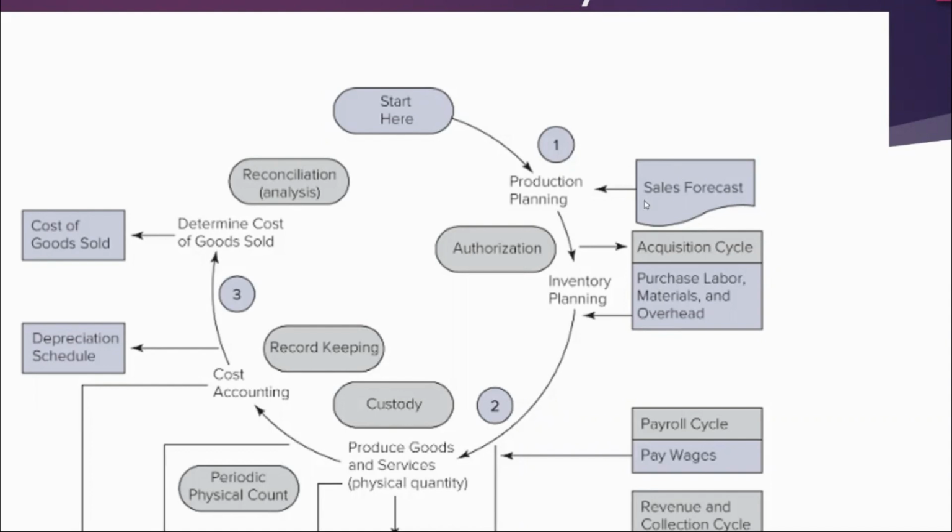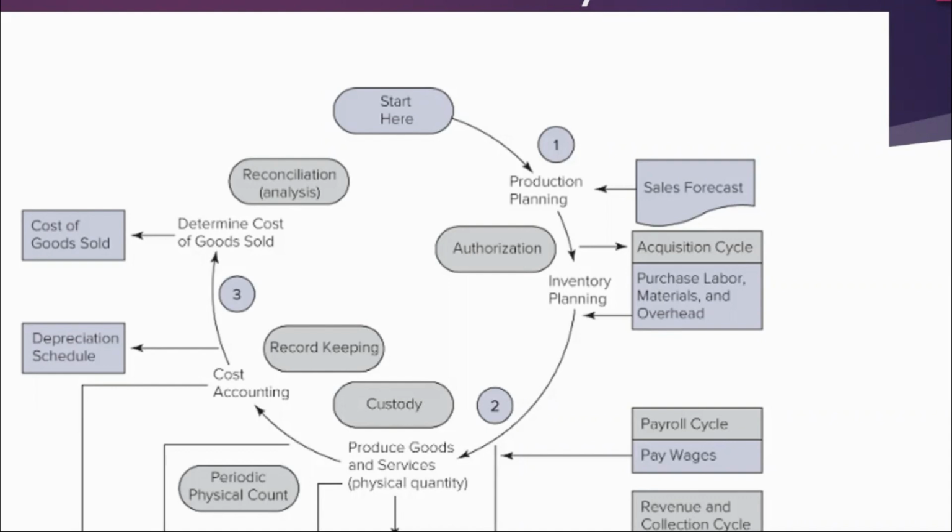In the production planning, we're also going to provide a schedule for manufacturing to achieve those goals. So we're going to produce these 750,000 units. We need a schedule to figure out how we're going to actually meet that goal. And that's going to include what raw materials we're going to need, what labor we're going to need, just how exactly we're going to be able to achieve that goal of producing those 750,000 units.